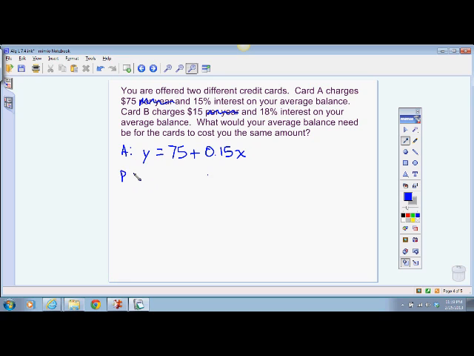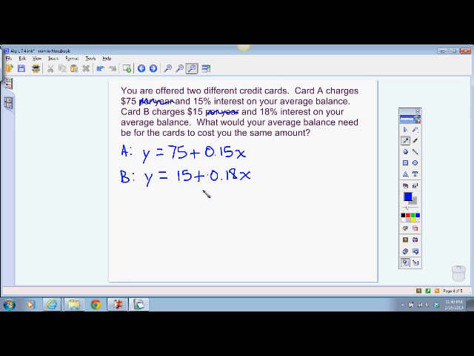Card B, the average balance we're going to need to pay is going to be $15 plus 18% interest. So 18% times our average daily balance.